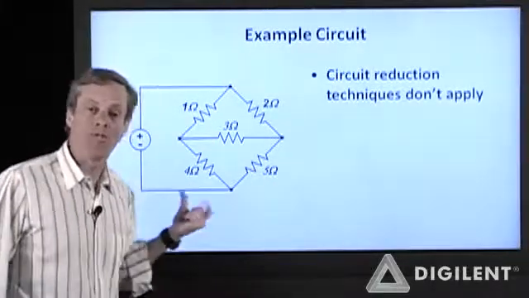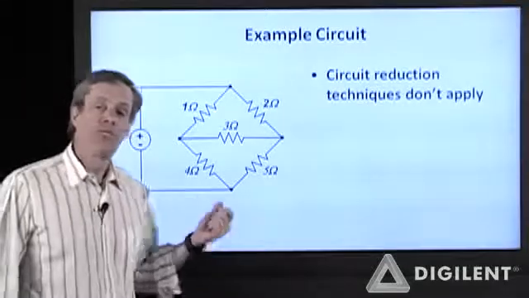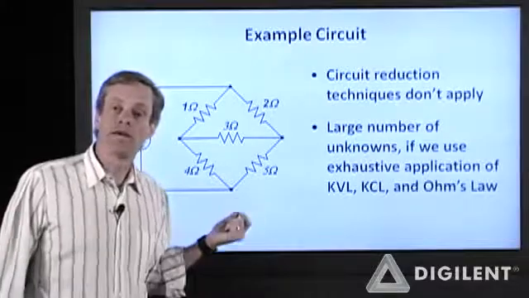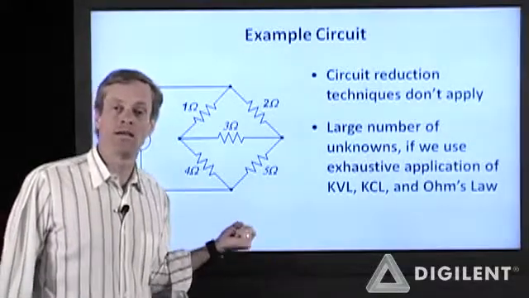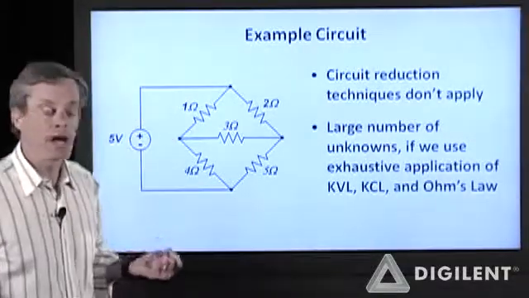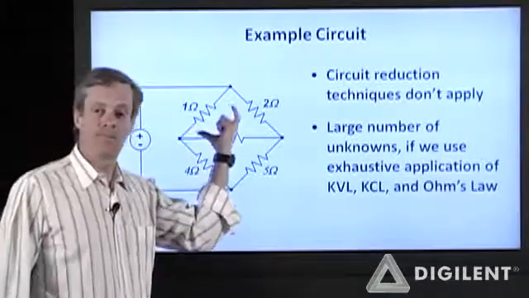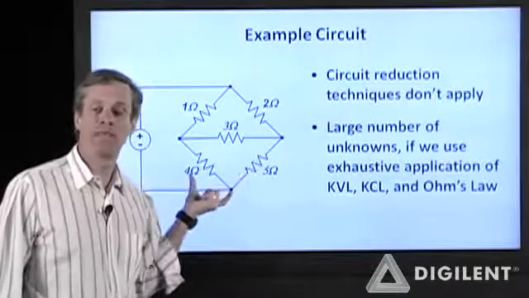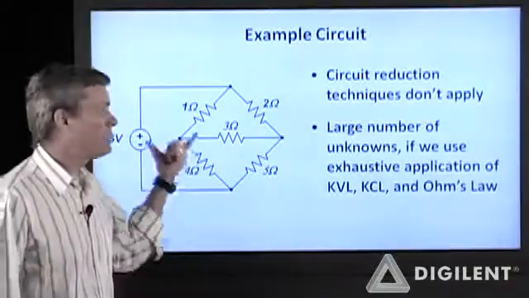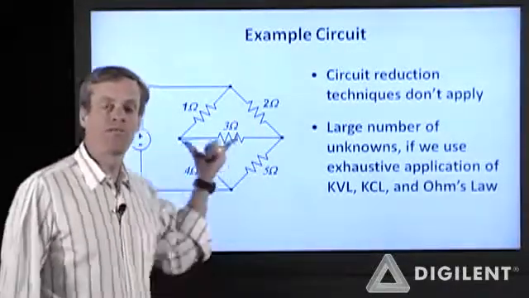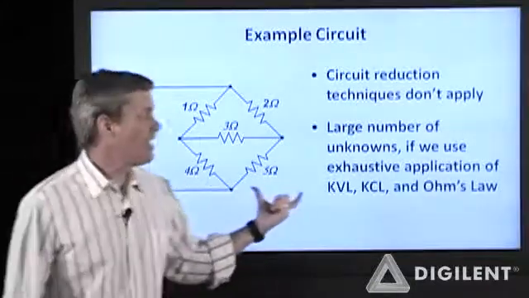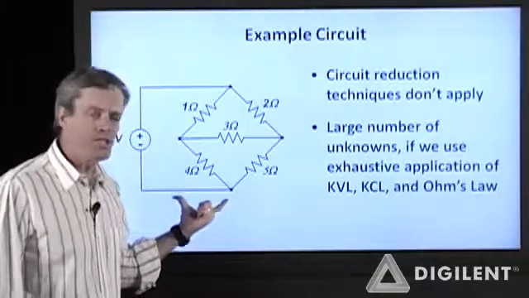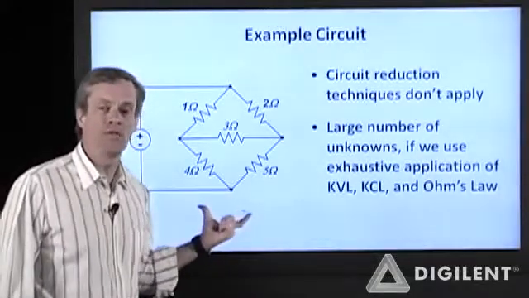So based on our previous analysis techniques, I have to go back to applying KVL, KCL, and Ohm's law. To do the exhaustive approach, I would have to define a voltage difference and a current through each one of these resistors. That would give me 5 unknown voltages and 5 unknown currents. I would have a system of 10 equations and 10 unknowns, which is actually fairly painful to deal with here.